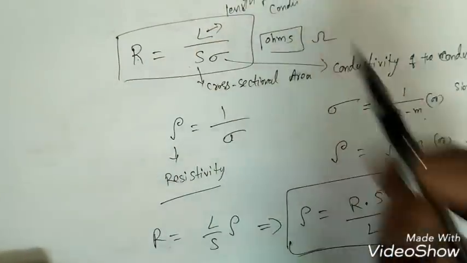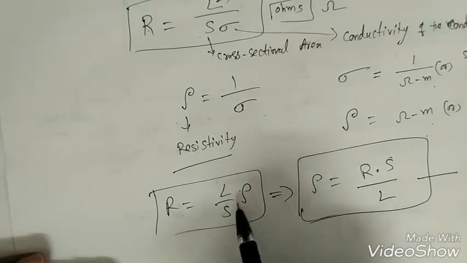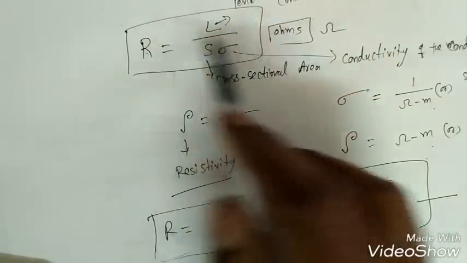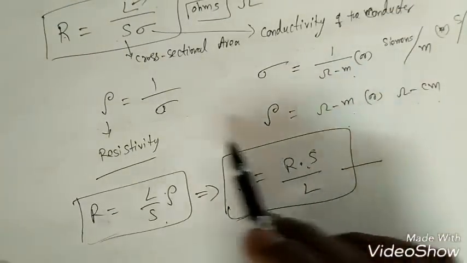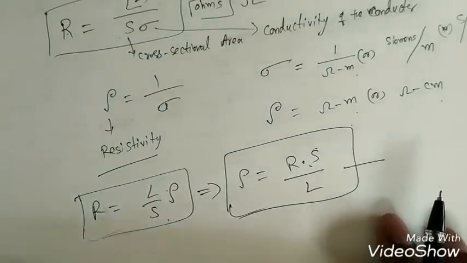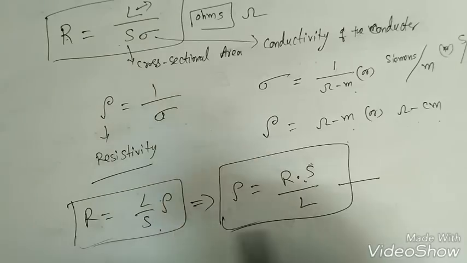R is equal to rho into L by the cross-sectional area. You can easily remember any one and transform to the other form. We have to remember the units also. So this is about the current direction and some parameters.